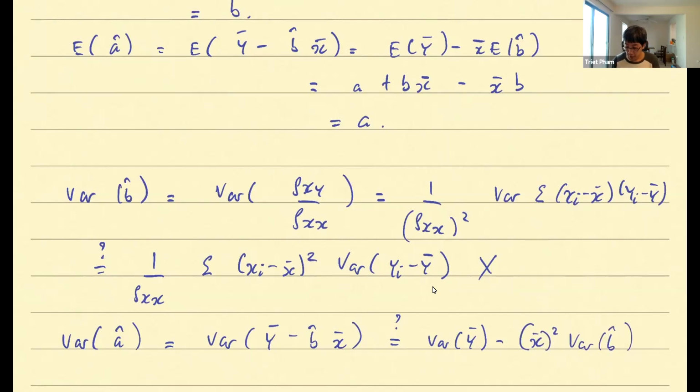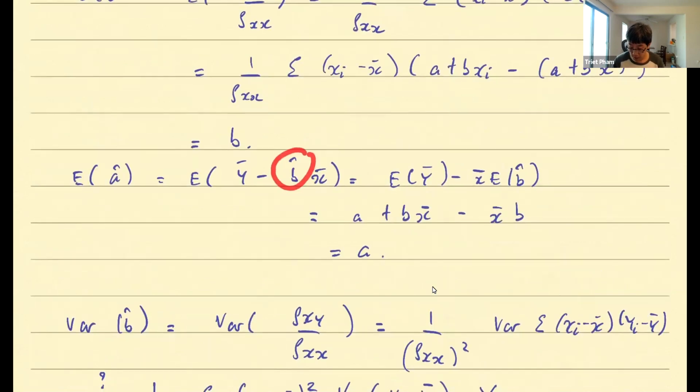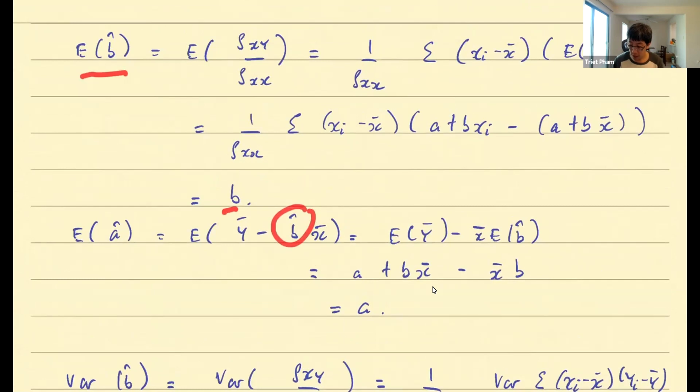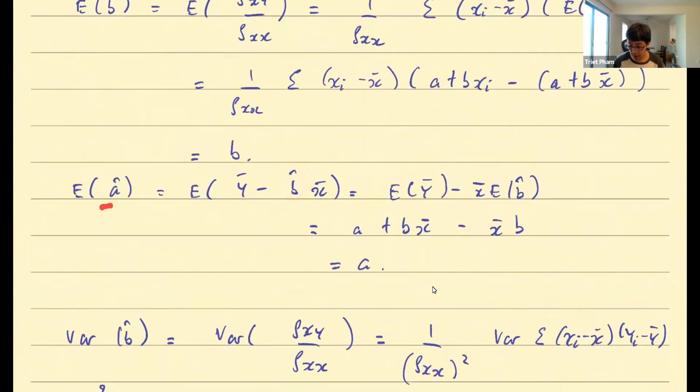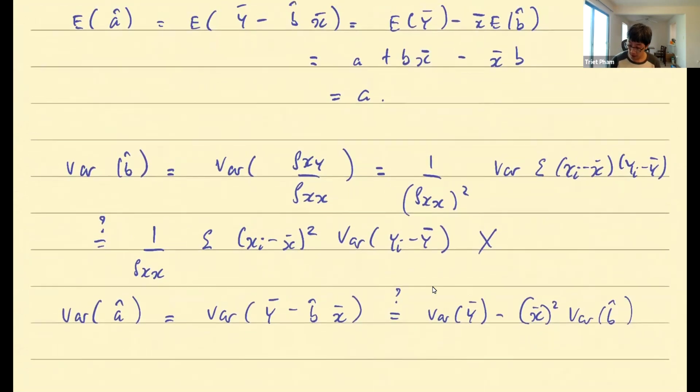So one thing that's kind of interesting is you see somehow, right, the estimate A hat depends on B hat. Therefore, if you know everything about B hat, just like you know B hat is unbiased here, the calculation of A hat just kind of piggybacks on that. Same thing here, right? If you know the variance of B hat, which we did not do, right? But if you know it, then you can just plug that in here, right? Variance of Y bar is actually easy.